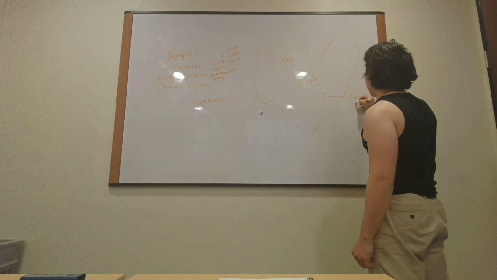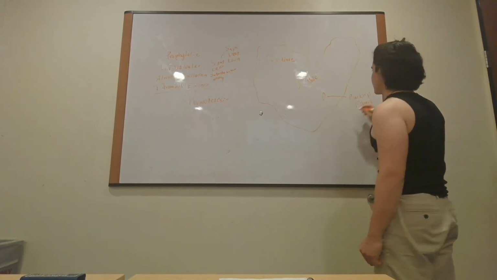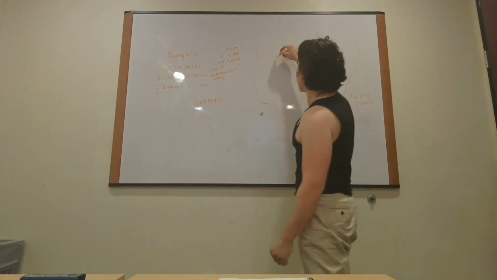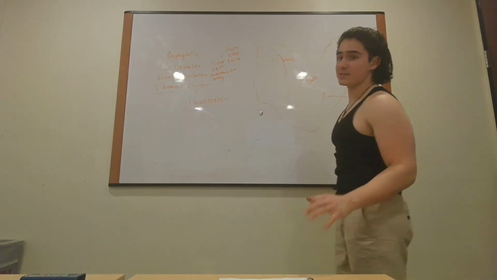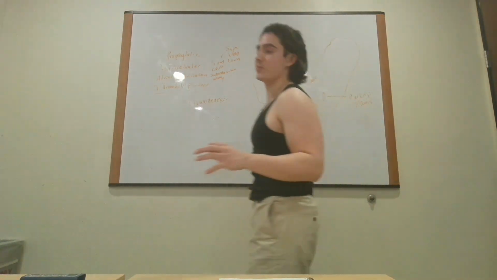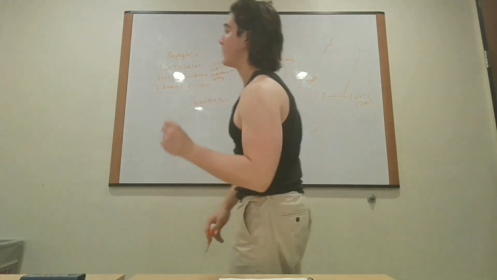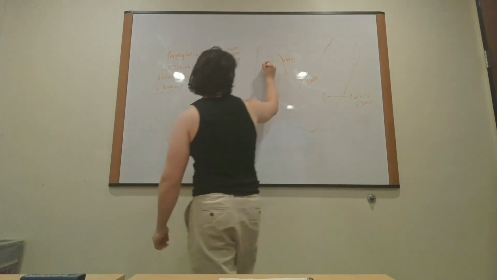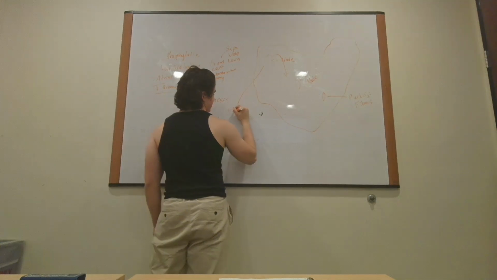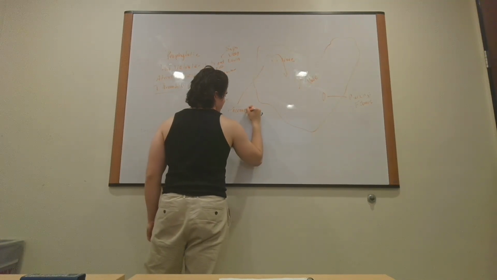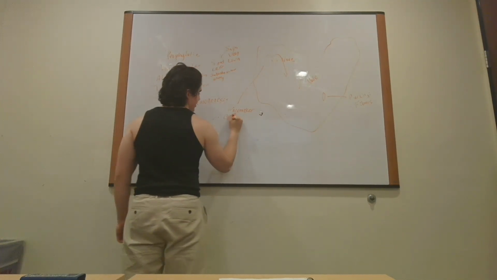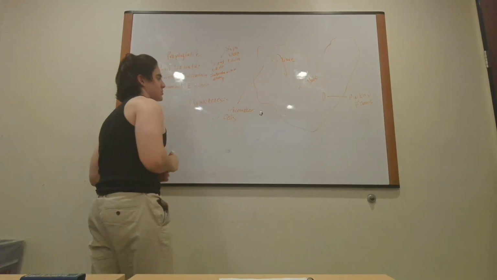Purkinje fibers are vital when it comes to finishing off this electrical signal that starts off with the SA node. The SA node is filled with cells specifically called pacemaker cells. Okay, so the SA node has pacemaker cells. And what we know about the pacemaker is that it allows the electrical signaling to go through our heart.